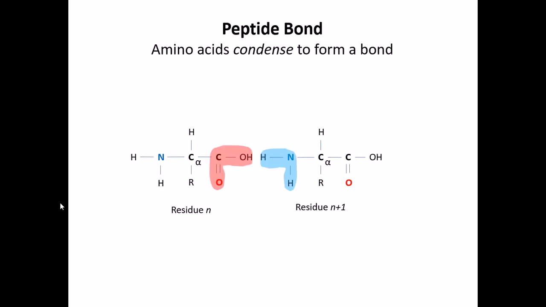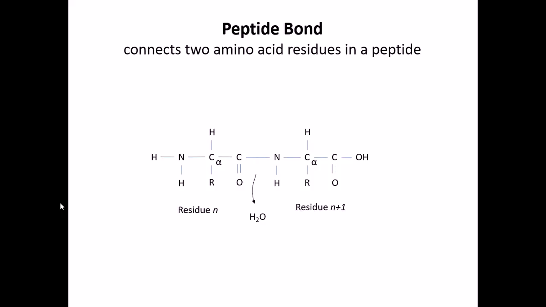For this, the amino acids interact very specifically, like the carboxylic group of the nth amino acid and the amino group of the N plus 1th amino acid interact at their OH and hydrogen atom respectively to form a bond that is called the peptide bond.